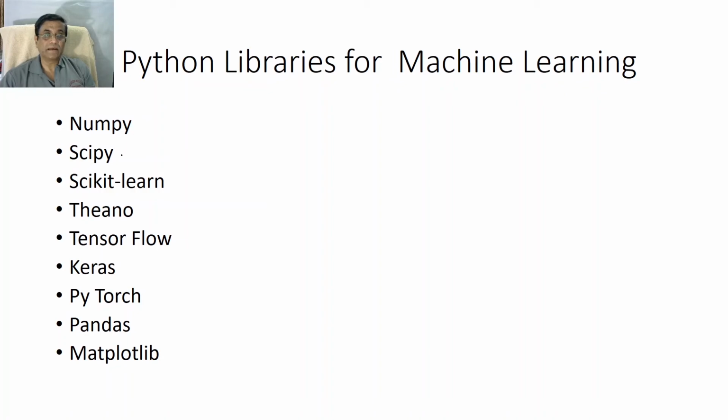All the functions are there, but definitely for the gradient descent algorithm, you are not allowed to take any help of any function. Just using numpy, that means arrays, you will have to write the code. It's very simple. Some of the libraries are numpy, SciPy, scikit-learn, Theano, TensorFlow, Keras, PyTorch, Pandas, beautiful name, eh? Matplotlib.